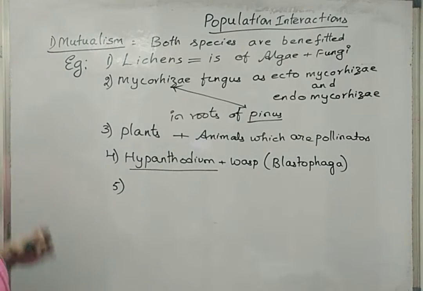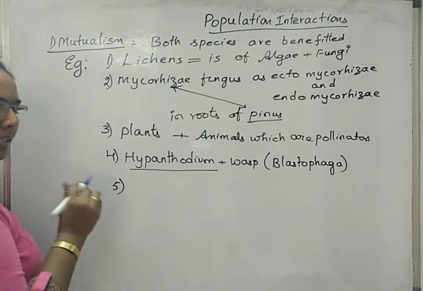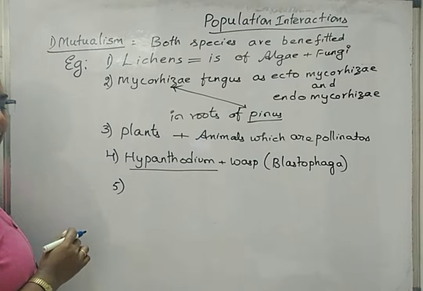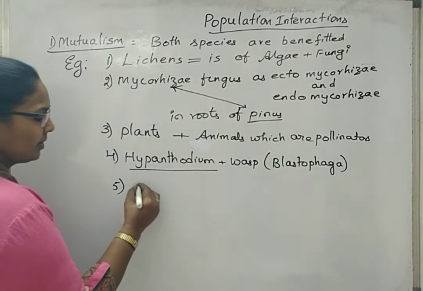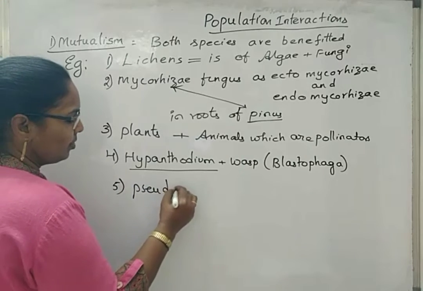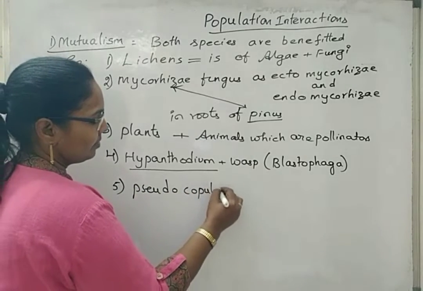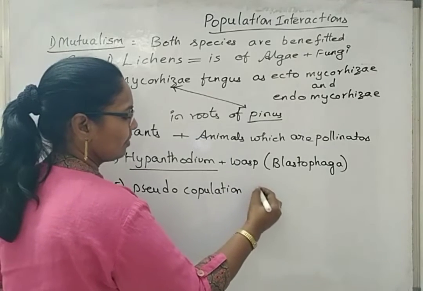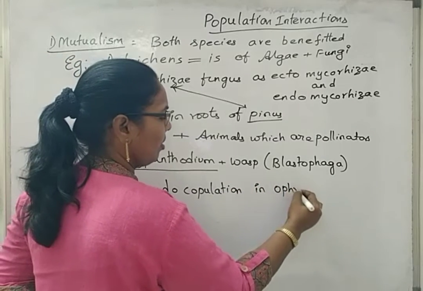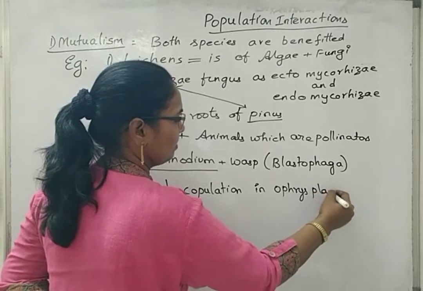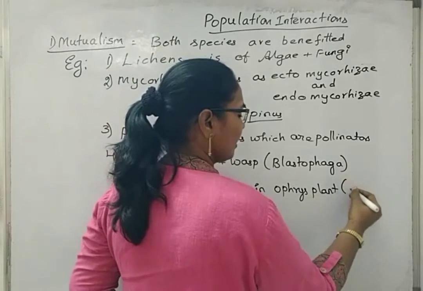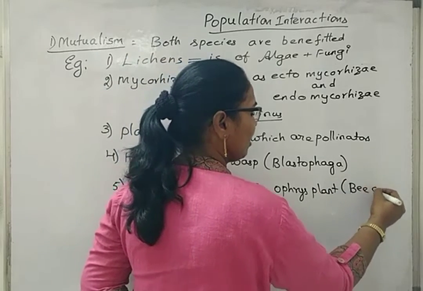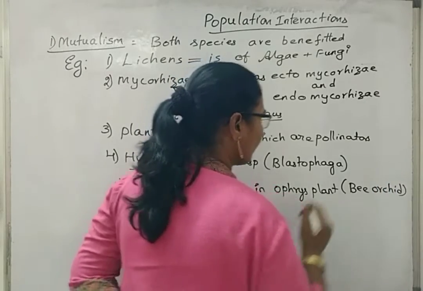Next, another example is pseudocopulation in Ophrys. Ophrys is a type of bee orchid. What happens here?